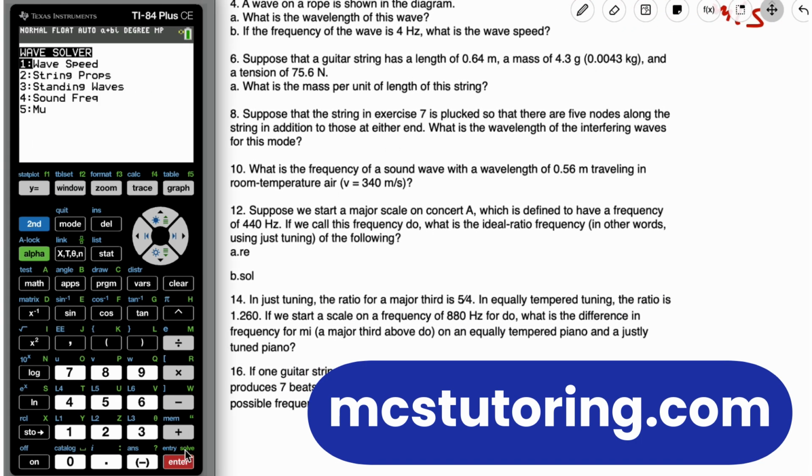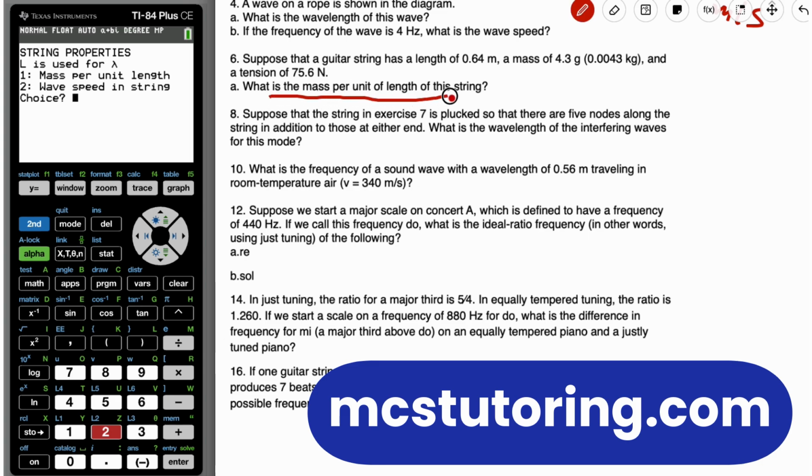We're going to do number 6, though. It looks like we're talking about string properties here. So string props. It looks like we have a mass, and we want mass per unit length. That's the question. It has a length of 0.64 meters, mass of 4.3 grams, which is 0.0043 kilograms, and tension of 75.6 newtons.